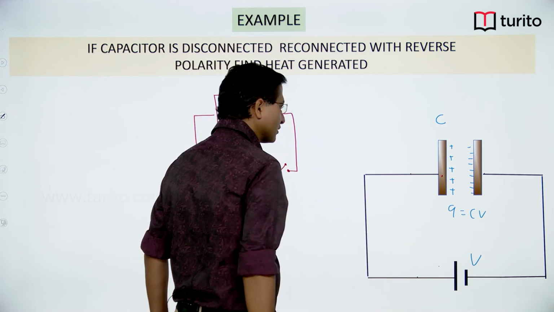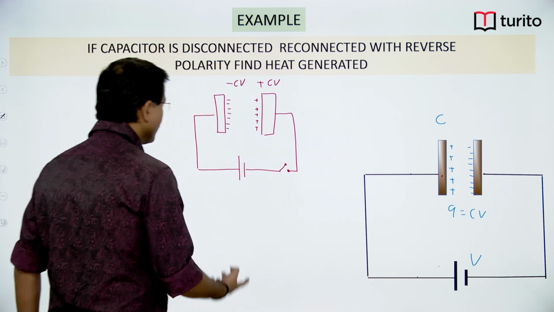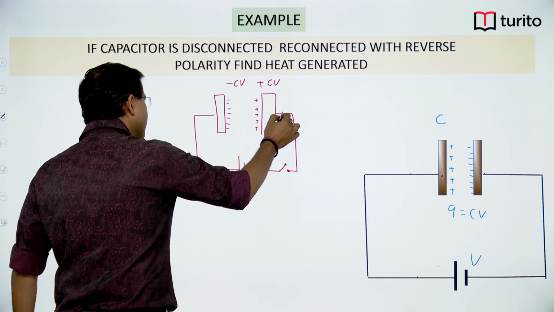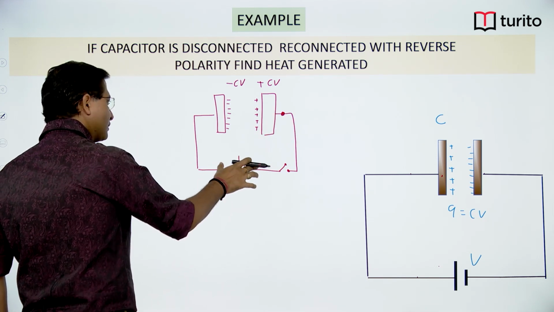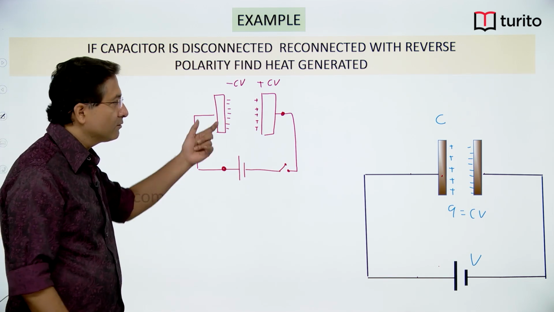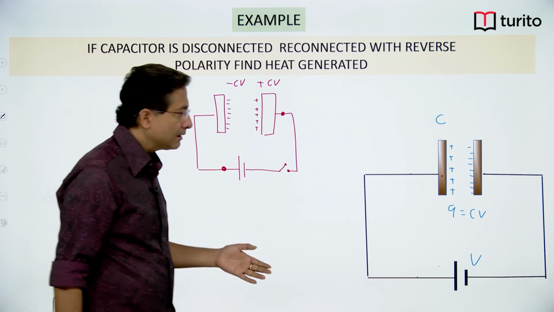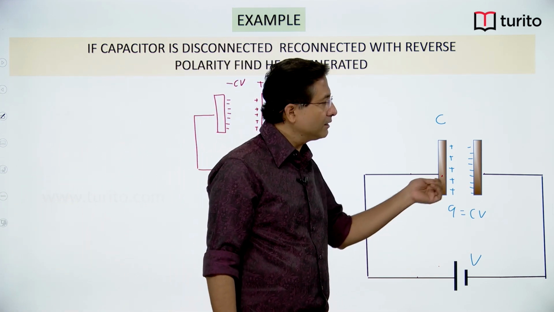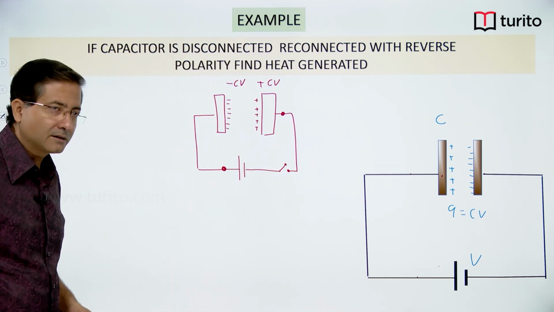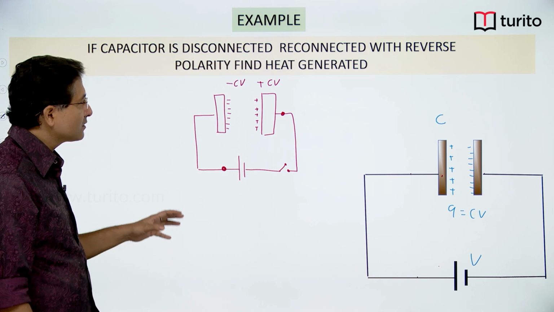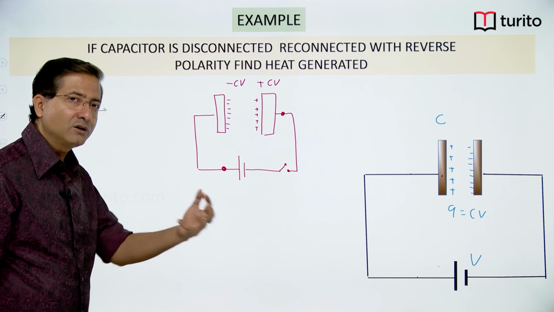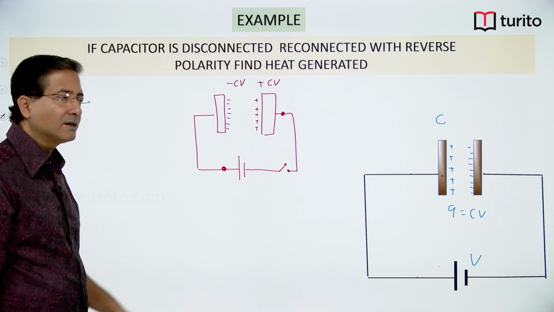Now, when you reverse it, this terminal is at higher potential and in this branch this will be at higher potential. So, obviously you have disturbed the equilibrium, right. In a steady state or equilibrium it had this static charge CV and suddenly you reverse the polarity, then obviously you are going to disturb the equilibrium. Once the equilibrium is disturbed, the battery will give additional charge to get to the new equilibrium or new steady condition.